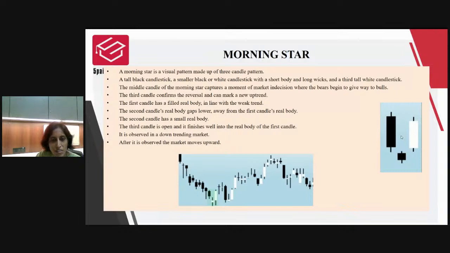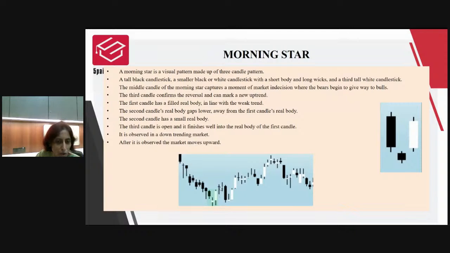So this morning star is usually observed in a downtrending market. And after it is observed, you have to look at the candlestick of the very next day, which confirms whether the trend is going to go upwards. As you can see, the highest price is much higher than this white candle, and the lowest price is also much higher than this candle.